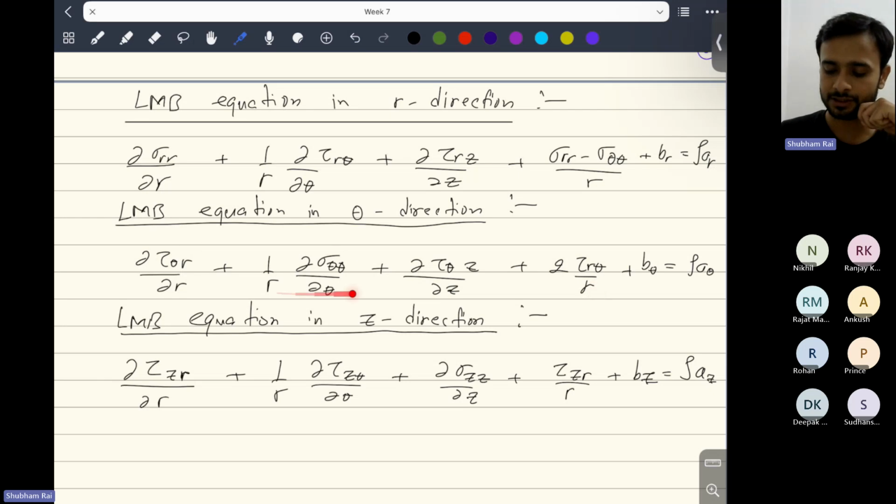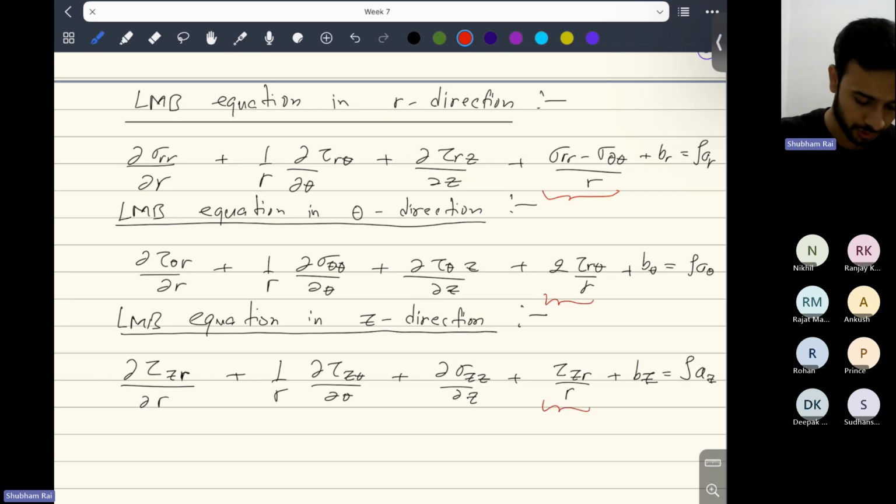Other than that, these three terms are similar, not the same, to the Cartesian coordinate system. And in the third equation, you have this as the extra term. Let me just underline. You have this extra term here, this extra term here. Other terms are similar to the Cartesian coordinate system.